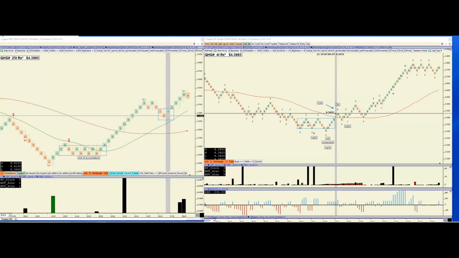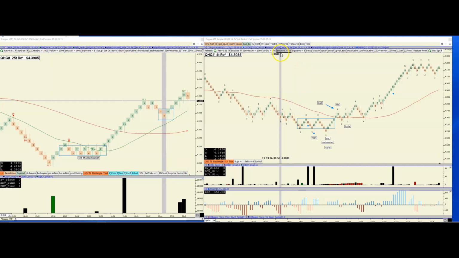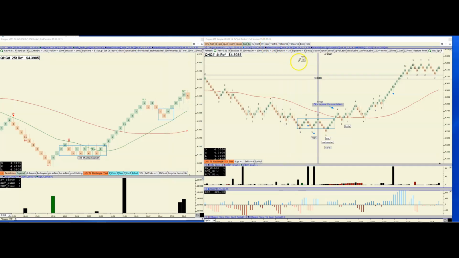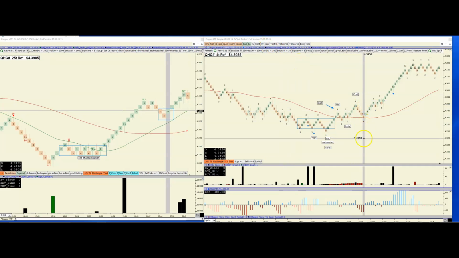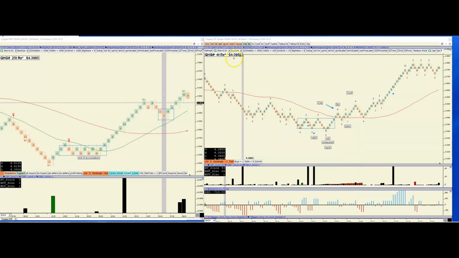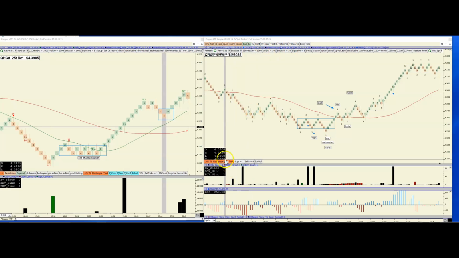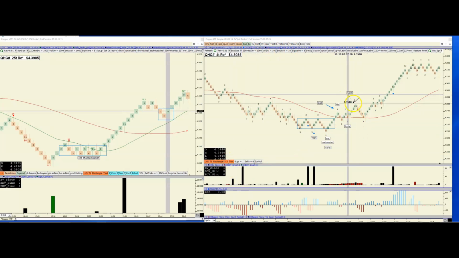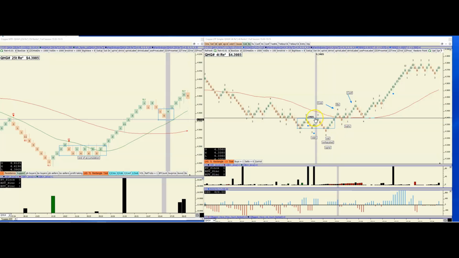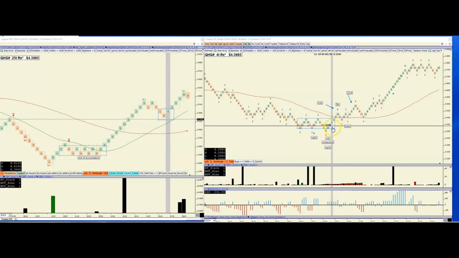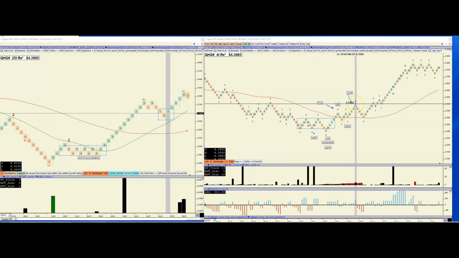Are we done yet? No, because you're on the right-hand side, but you need one final confirmation. That confirmation comes in the form of a higher high, and there you go. The market now is in markup. You have left the accumulation and you're going into markup.